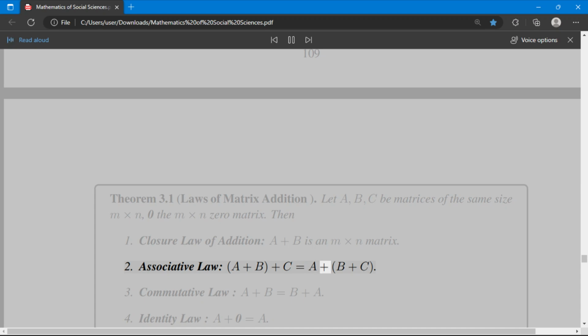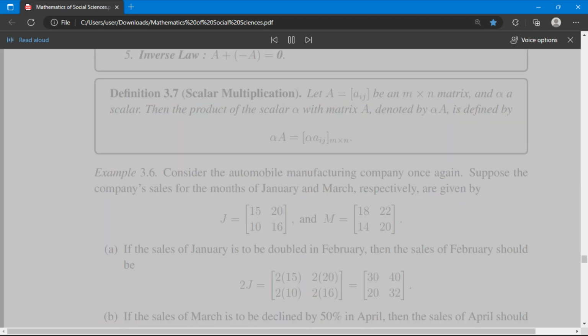Associative law: A plus B plus C equals A plus B plus C. 3. Commutative law: A plus B equals B plus A. 4. Identity law: A plus 0 equals A. 5. Inverse law: A plus negative A equals 0.